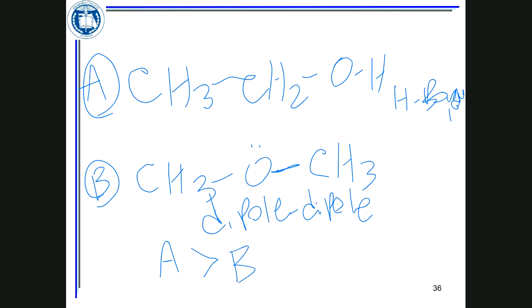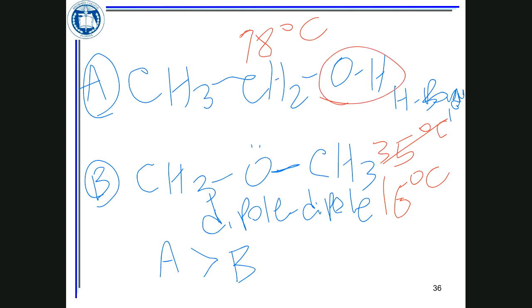If you want to know the numbers, this is going to boil at 78 degrees Celsius, and this one at 16 degrees Celsius. That's dimethyl ether. This ether is a gas at room temperature, while the other is a liquid, 78 degrees Celsius versus 16 degrees Celsius, because of hydrogen bonding and dipole-dipole.